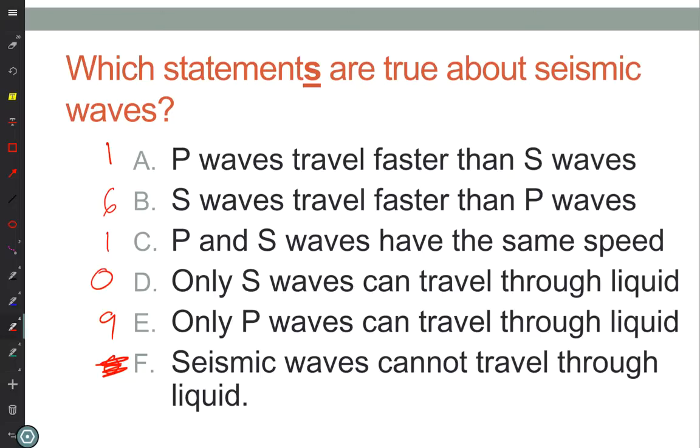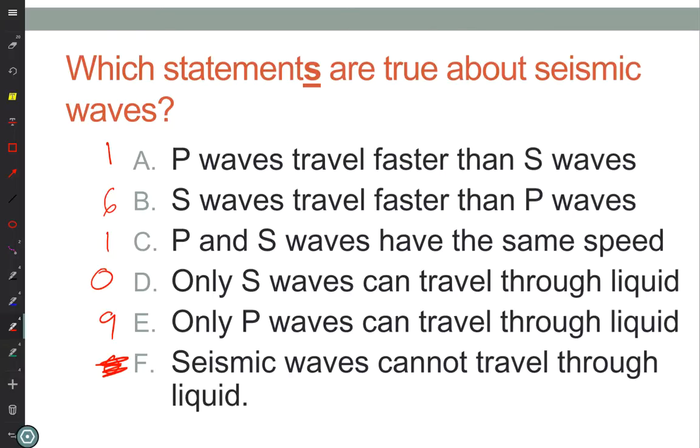Okay, so now let's look at this. Talk about the names. What does P stand for? Primary. And what does primary mean? First. Well, not always. The primary wave is the first one to get there. That's why it's called the P wave. It also has a secondary name of pressure because it's a pressure wave.